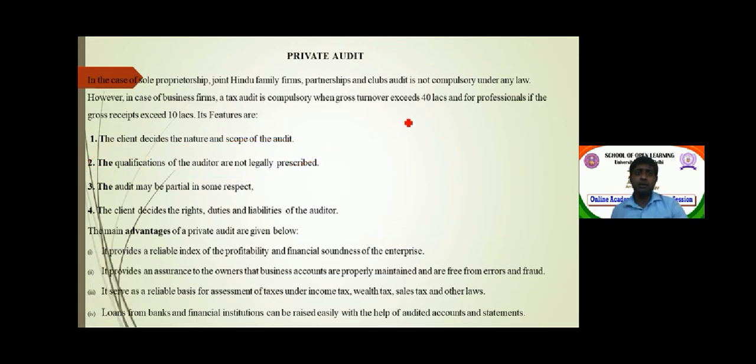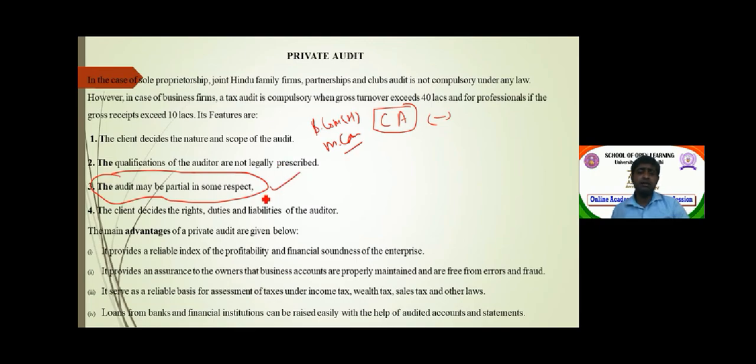So it is not said that the person must have obtained the degree of chartered accountancy, or, for example, the degree of BCom honors or MCom. It is not actually mentioned. The audit may be partial in some respect.